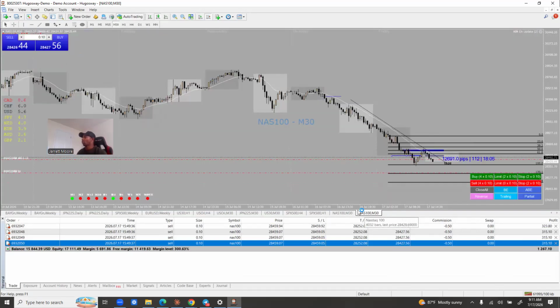That's what I really love about the system and the EA, is the amount of money you can make in the amount of time, still controlling your risk with just one simple rule. Stop loss always goes above that engulfing candle. It's a game changer.